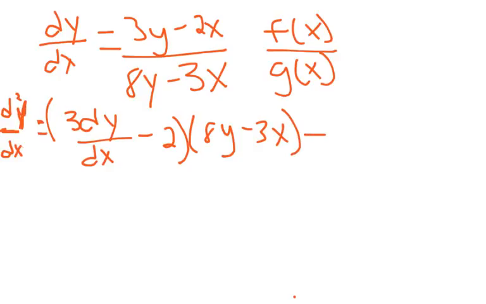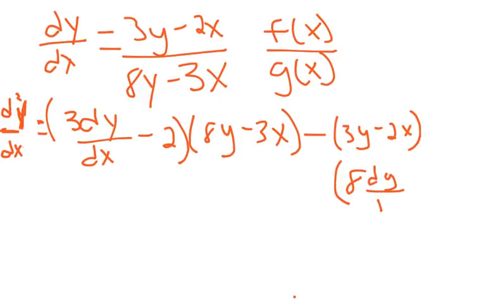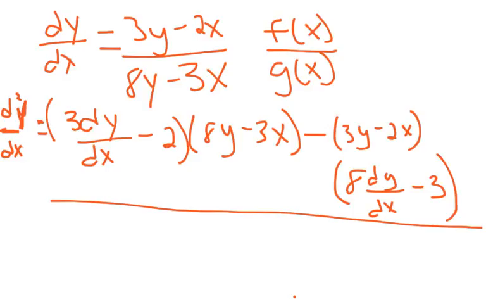And then we're going to subtract f of x, which is 3y minus 2x, multiplied by g prime of x, 8 dy over dx minus 3. And then everything is divided by g of x squared, which is (8y minus 3x) squared.